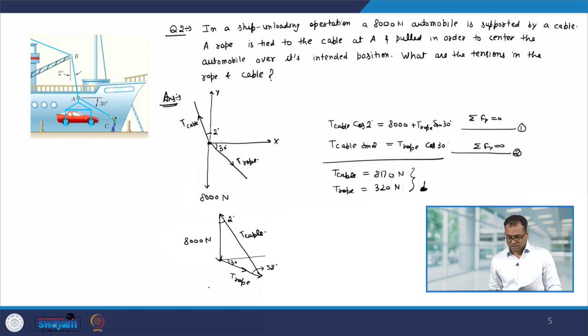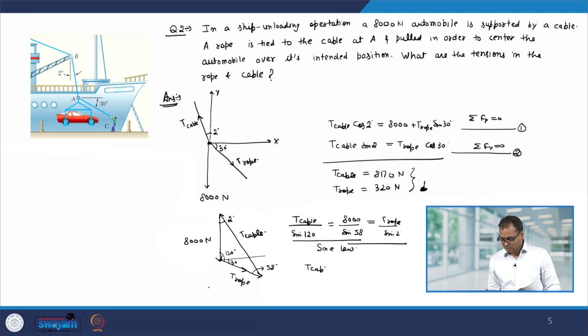Now, we can use the sine law. T cable divided by sine 120 degree equal to 8000 divided by sine 58 degree equal to T rope divided by sine 2 degree, because this angle is 120 degree. So, we have used the sine law, and again we have two equations. From here we can find out T cable and T rope. So, we can use either method.